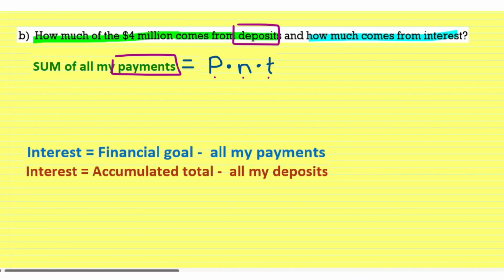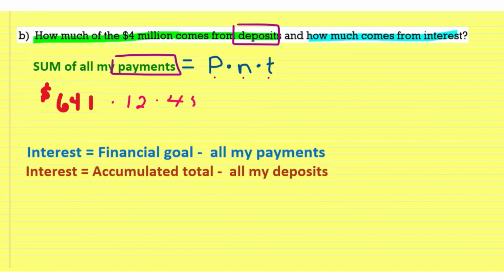Well, we just figured out in part A that the payment amount was 641. So the N is the compounding periods, or how many times we made a payment every year. Well, we made the payment every month, so 12 times a year.